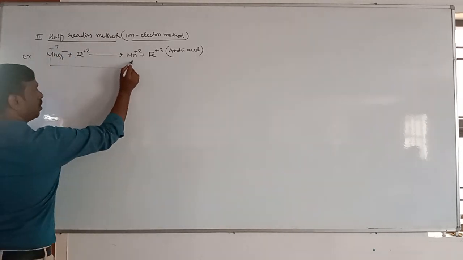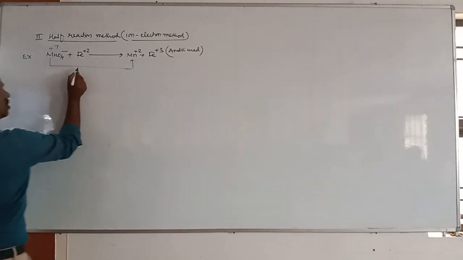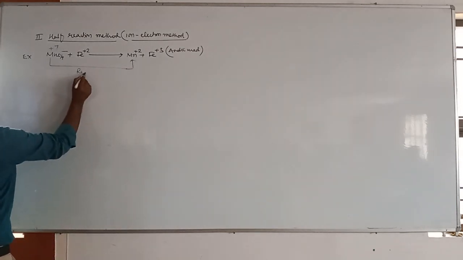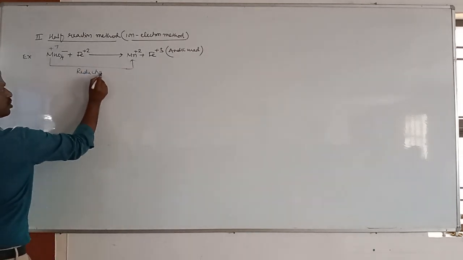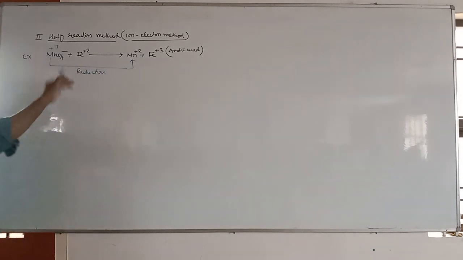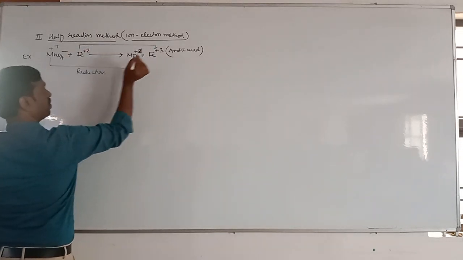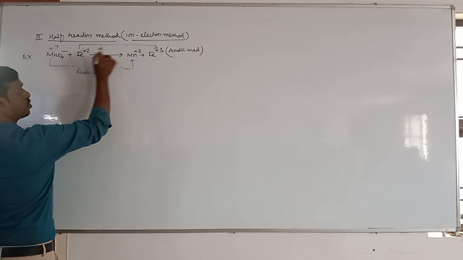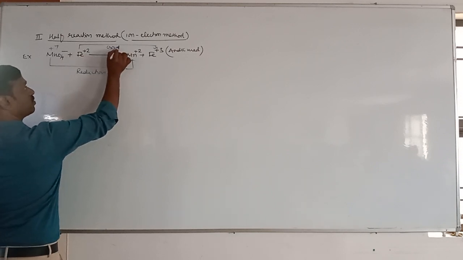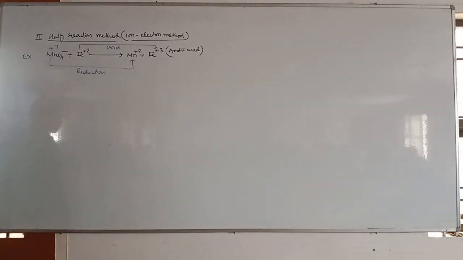Manganese plus 7 to manganese plus 2. Is it reduction or oxidation? Reduction. We need not calculate increase or decrease, we need to identify only whether oxidation or reduction. Then Fe plus 2 converts into Fe plus 3, plus 2 to plus 3, oxidation. This is the first step.